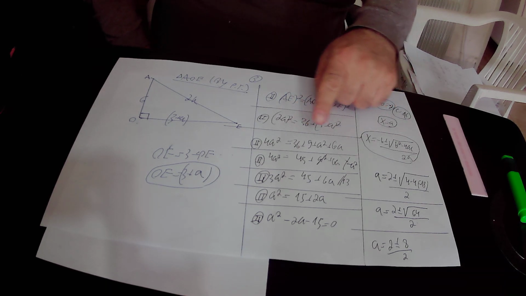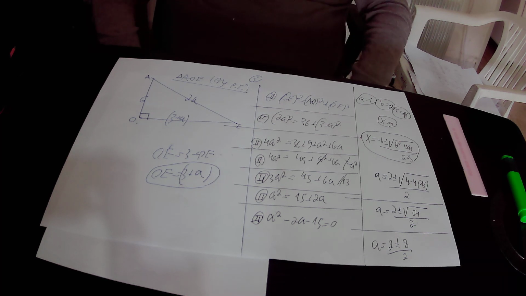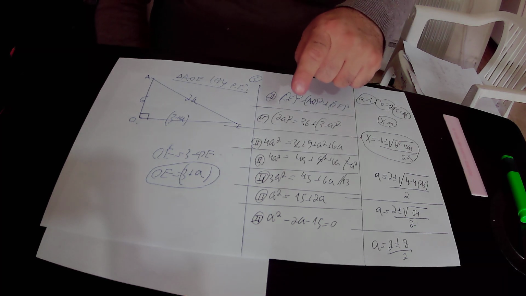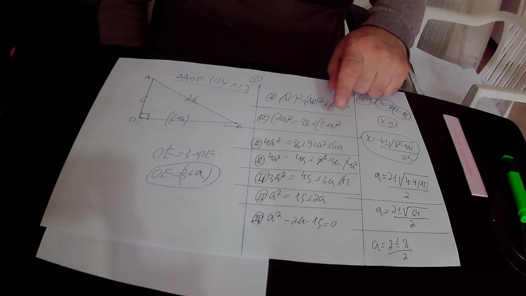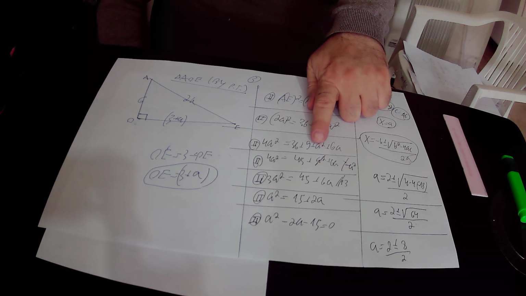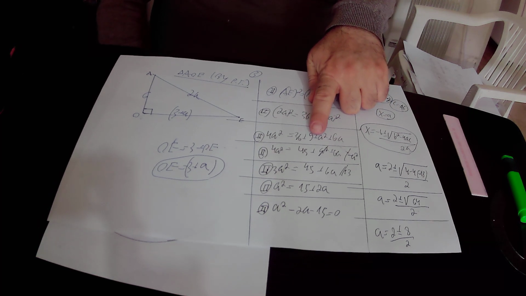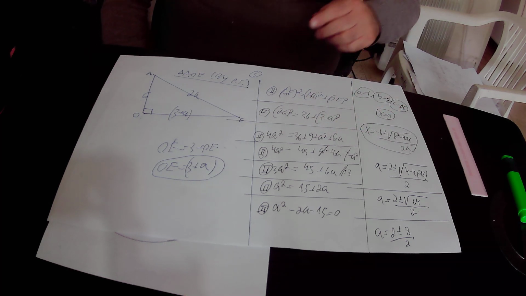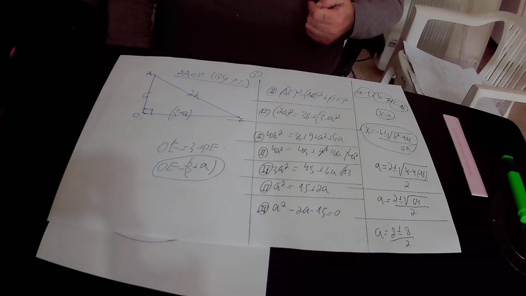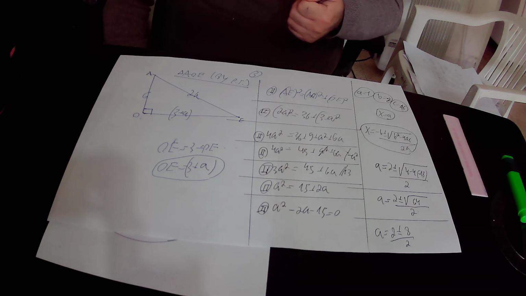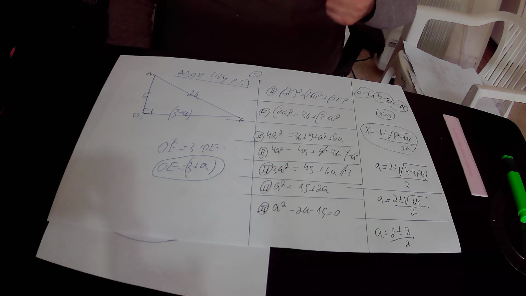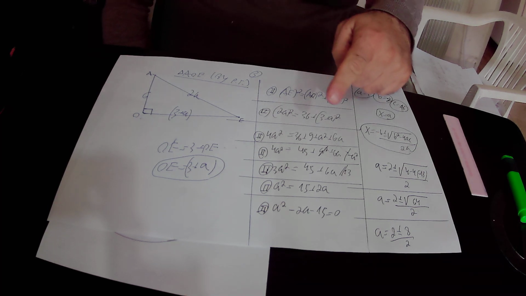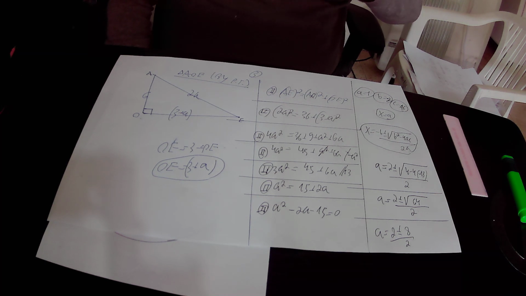We subtracted a squared from equation number 2. So 4a squared minus a squared is 3a squared, and a squared minus a squared is 0. So in conclusion, 3a squared equals 45 plus 6a. We divided this equation by 3, and we got that 3a squared over 3 is a squared, 45 over 3 is 15, and 6a over 3 is 2a.